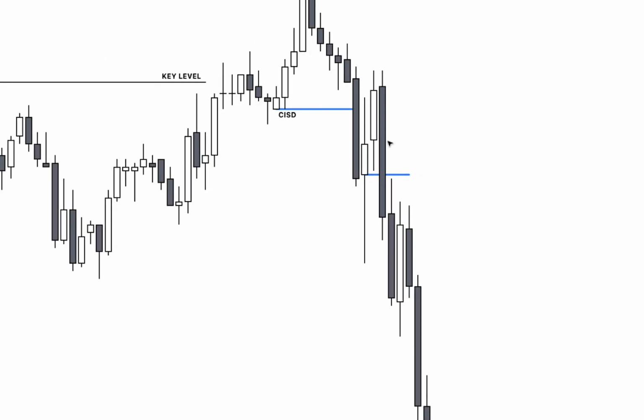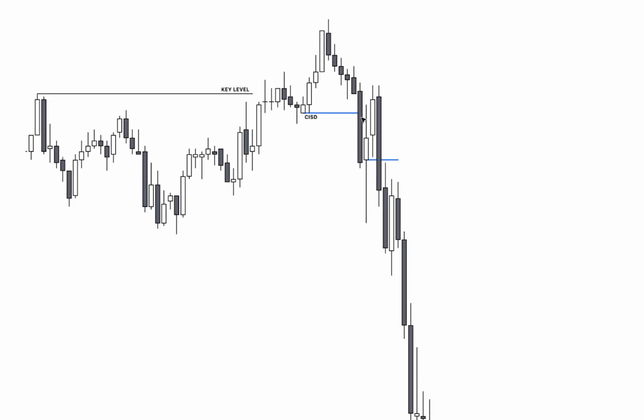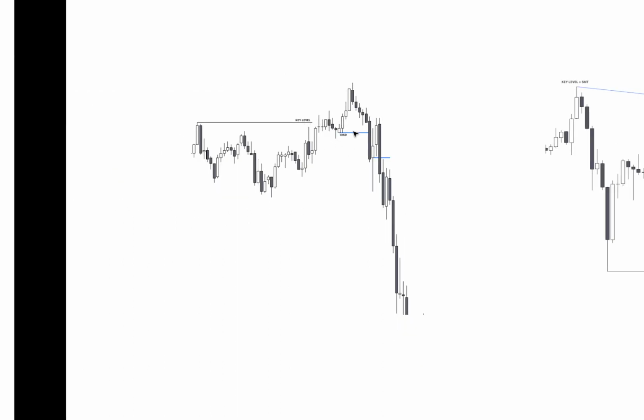Order block, just order block, no breaker, no inverse, no fair value gap, just order block. Once this happens, if I see that and then I see this, that's my entry right there. No negotiation. Key level, CSD, entry model, no negotiation.